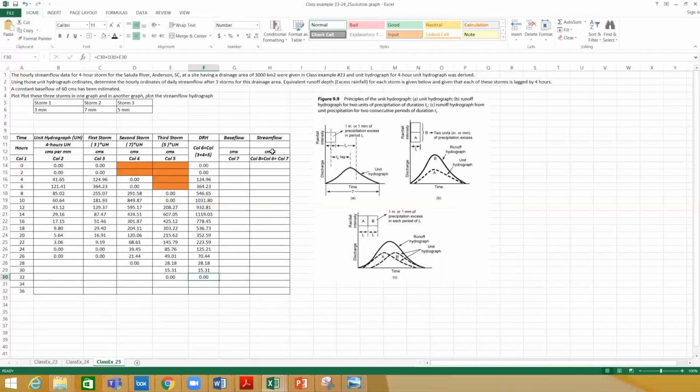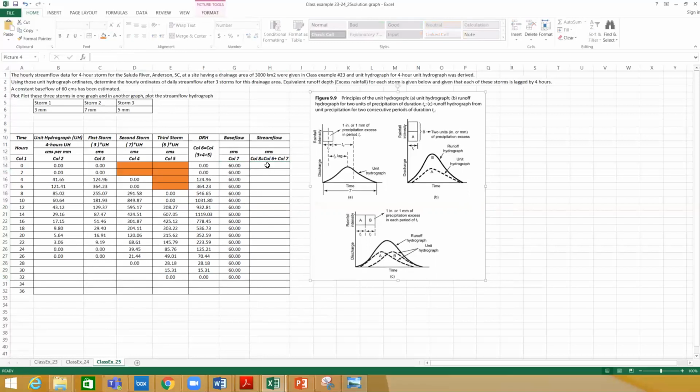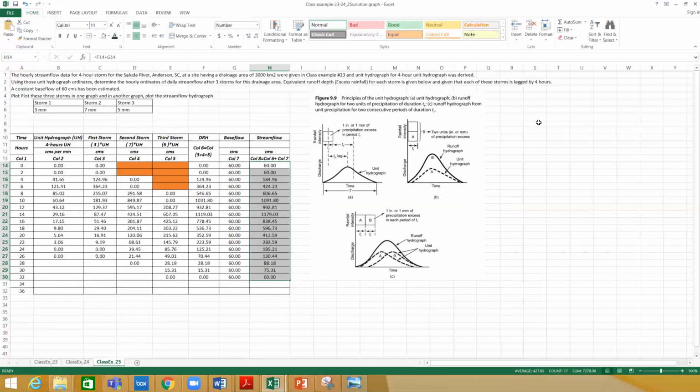Now we know when we add base flow with the direct runoff hydrograph, we can get the streamflow. And we already have the base flow, which is 60. Okay. And here we will add these 2 columns, and that will give us the streamflow. So from this unit hydrograph, after 3 storms, what will be the streamflow for this area?